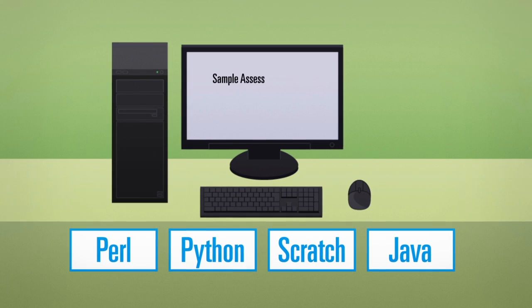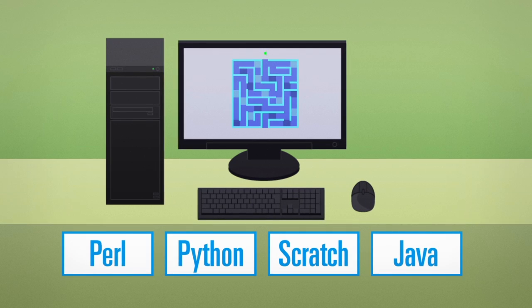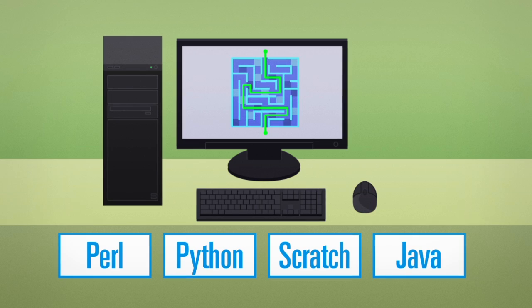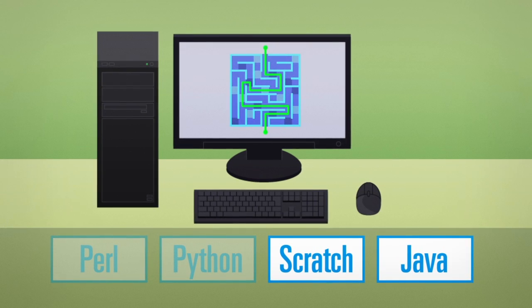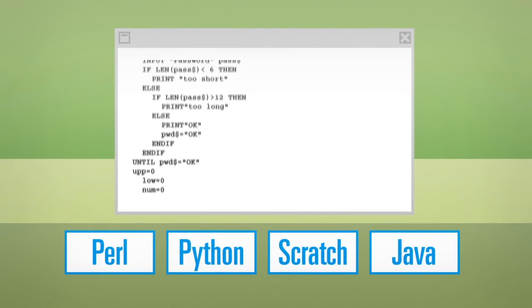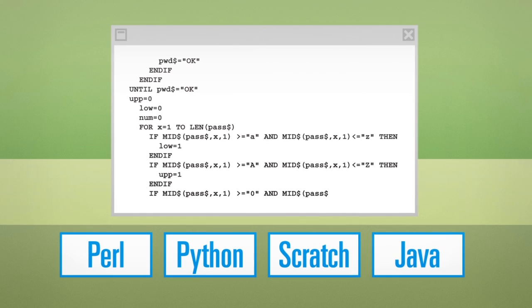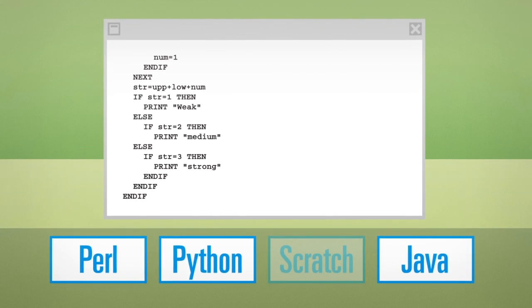In the sample assessment material, Task 1 involves you creating a maze game. Since this does require a GUI, you could use Scratch or a similar programming environment to develop the program. Task 2 involves evaluating user passwords and does not require a GUI, so could be developed in a text-based language.